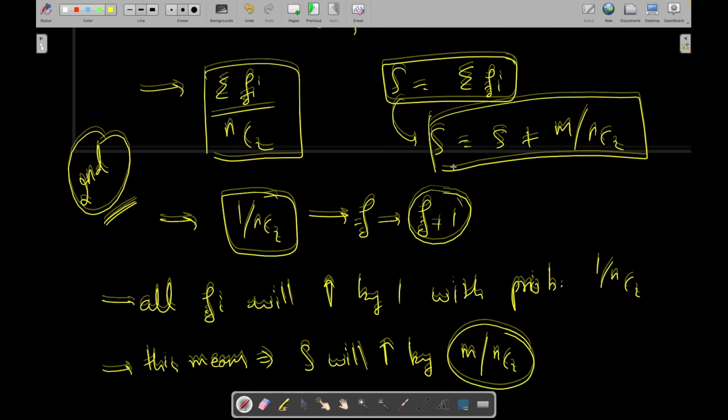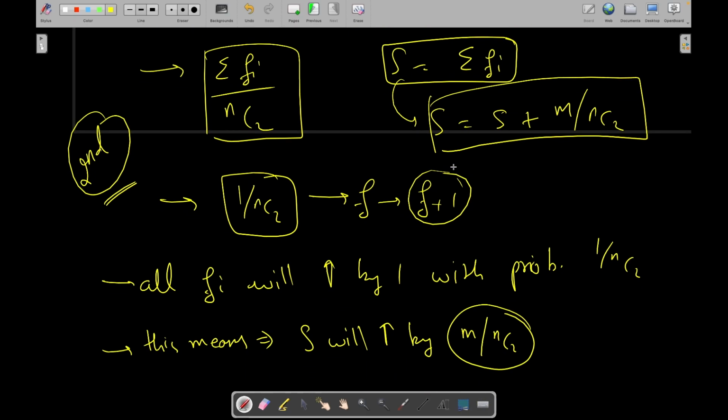So I think this is the actual approach. First we will calculate the summation of fi, and since the expected value is linear, there is linearity of expectation. All the things are independent here. So the probability of selecting an f is actually 1 upon this value.